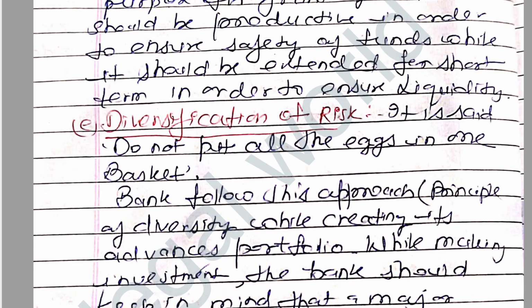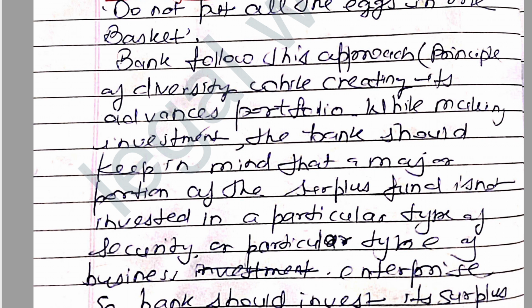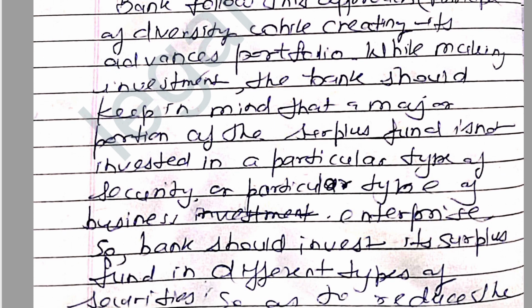The next principle of lending is the diversification of risk. It is generally said, do not put all the eggs in one basket, and the banks should follow this approach also. That is the principle of diversity. While creating an advances portfolio and making the investment, the bank should keep in mind that a major portion of the surplus fund is not invested in a particular type of security or a particular type of business enterprise.